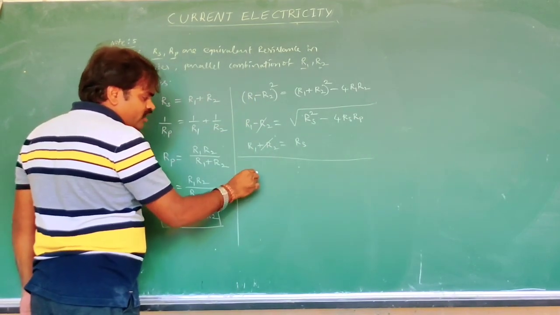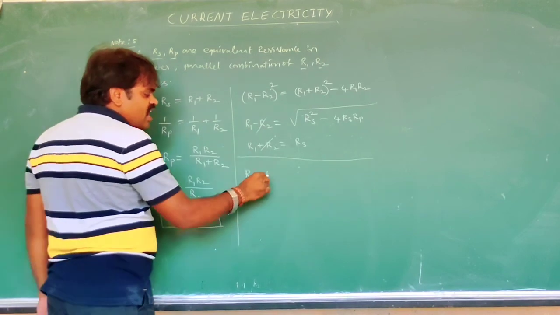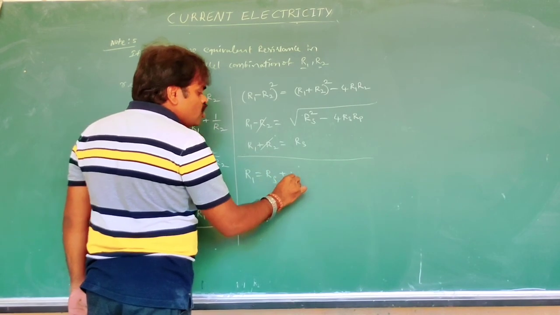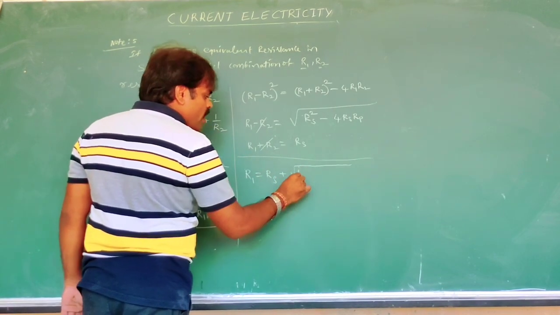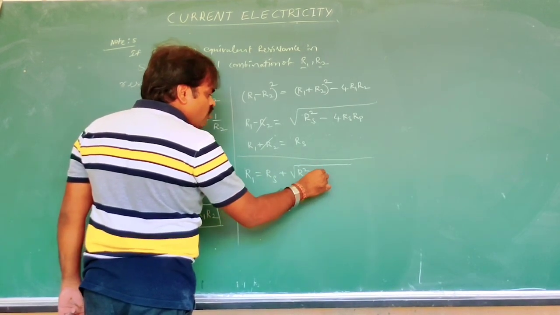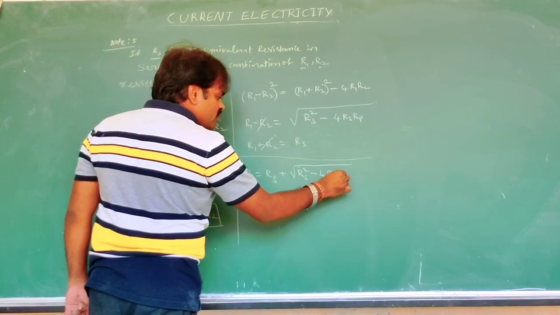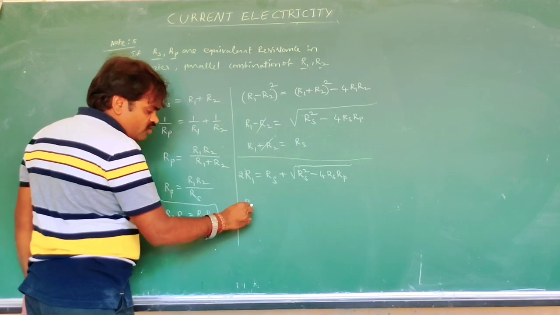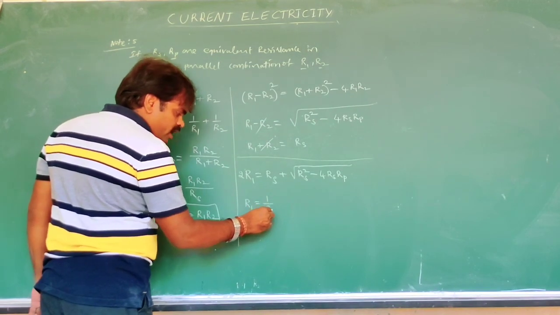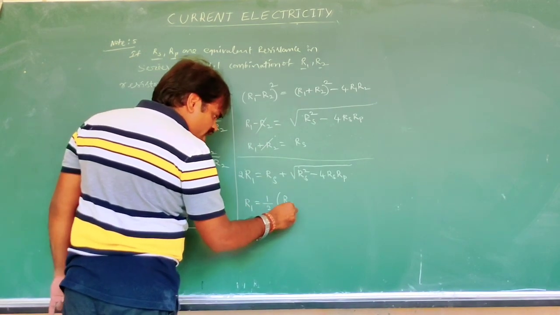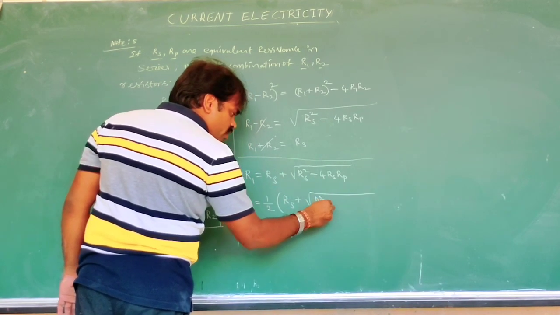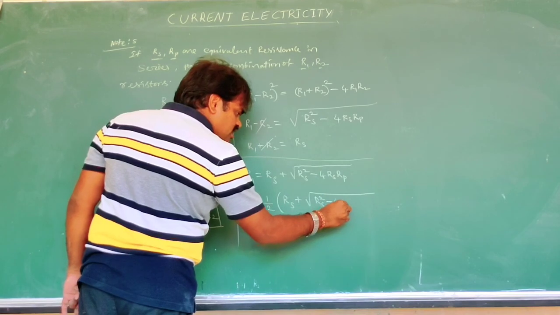We want R1. The R1 value we find by using this form: adding RS plus root of RS square minus 4 RS RP. This is R1 plus R2 added, which means 2R1. That is, R1 is equal to 1 by 2 into RS plus root of RS square minus 4 RS RP.